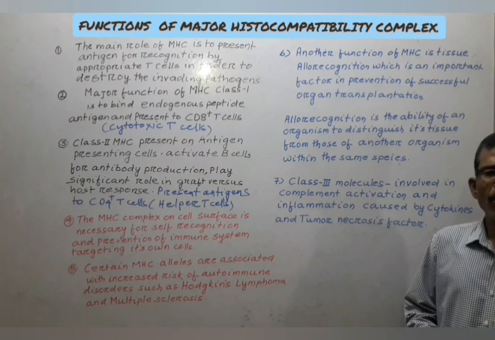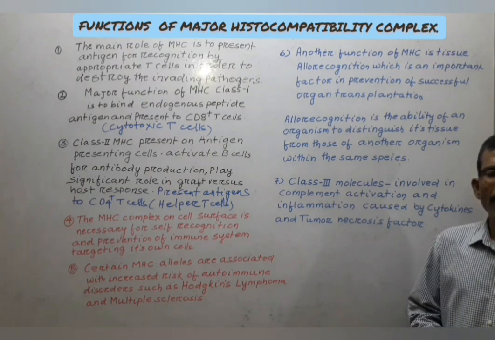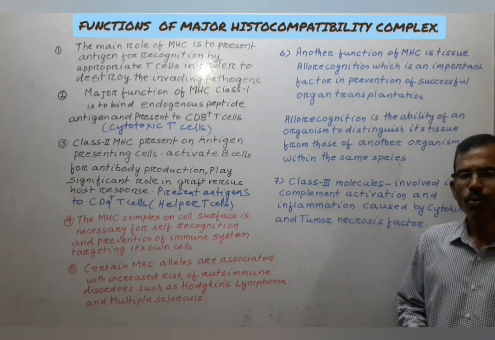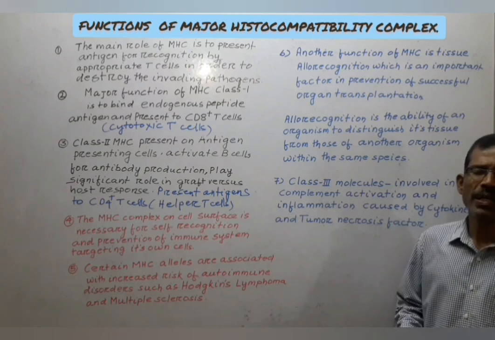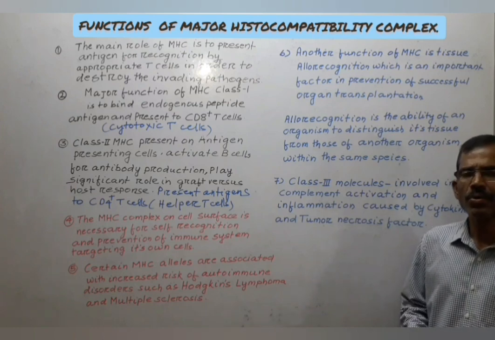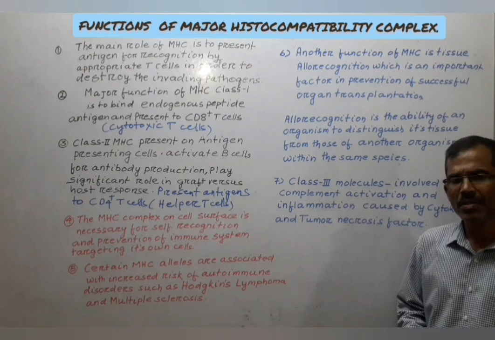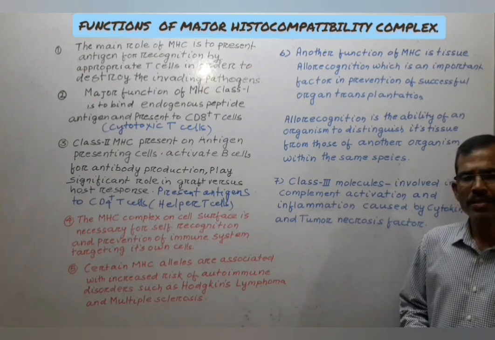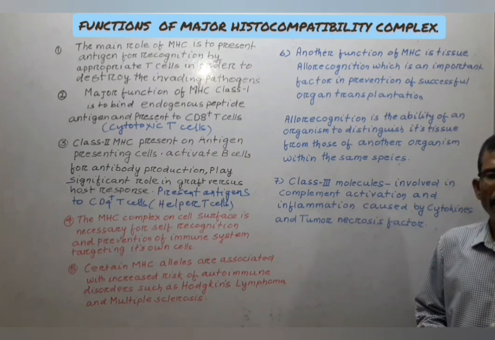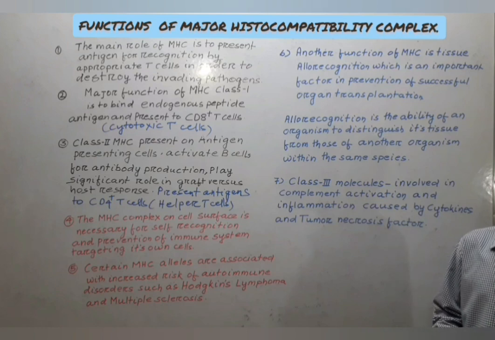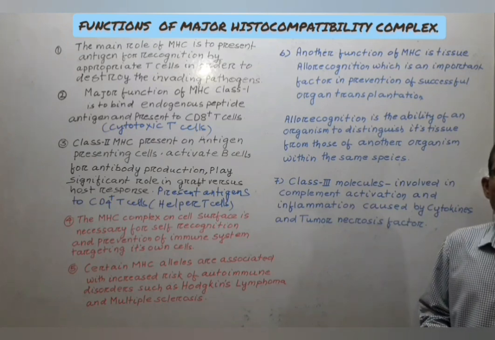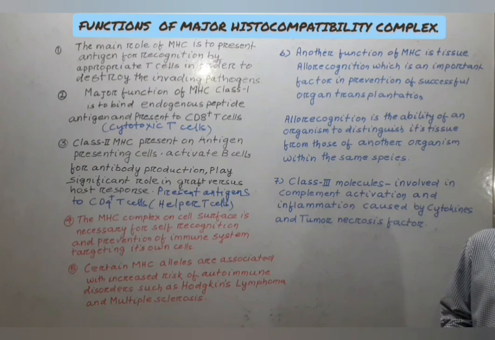The MHC molecules play a role in distinguishing own tissue from those present in another individual within the same species. This is known as allorecognition, and it plays a very important role in preventing successful organ transplantation.